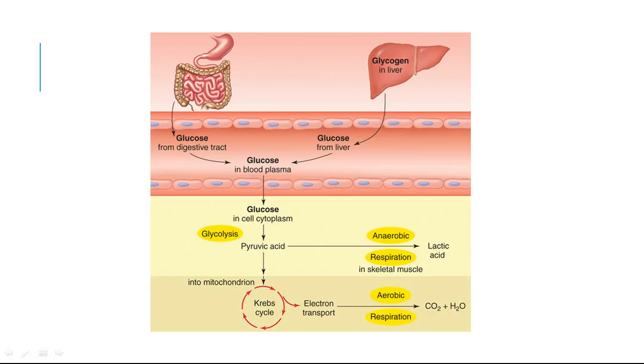By technical definitions, it doesn't use oxygen. But if oxygen's not available, they're not going to proceed. And so some people may categorize that intermediate step and the Krebs cycle as aerobic. We could argue it all day long.